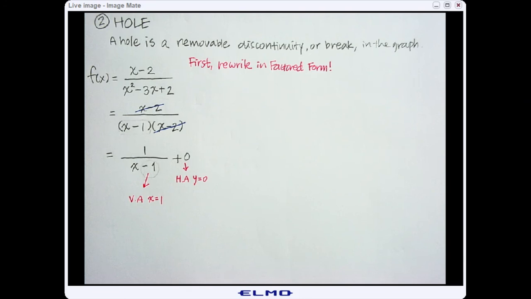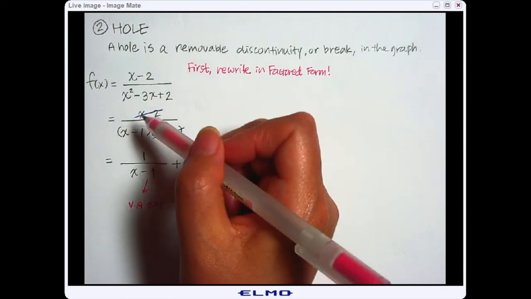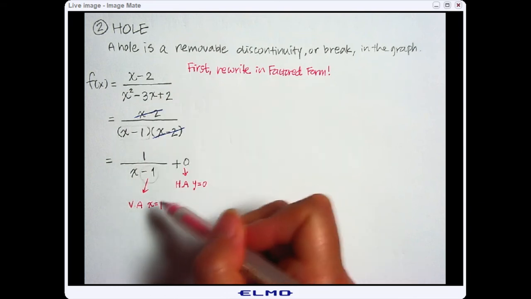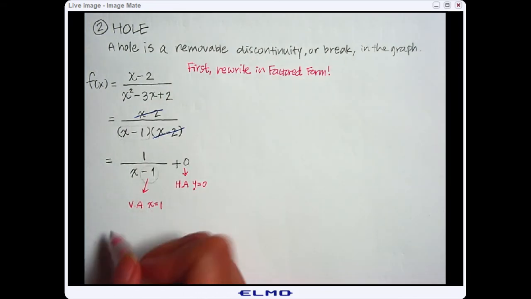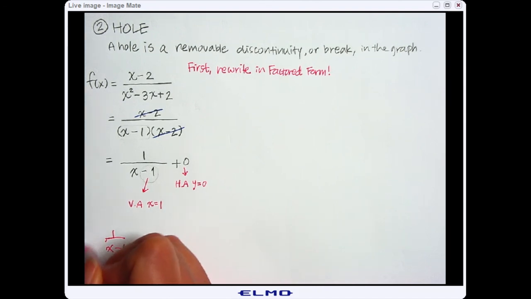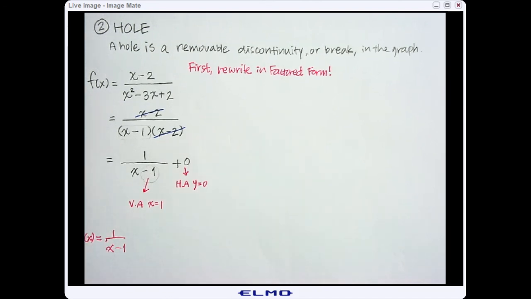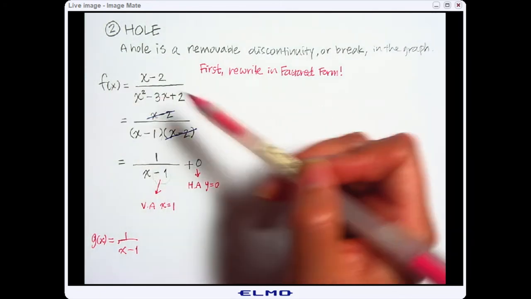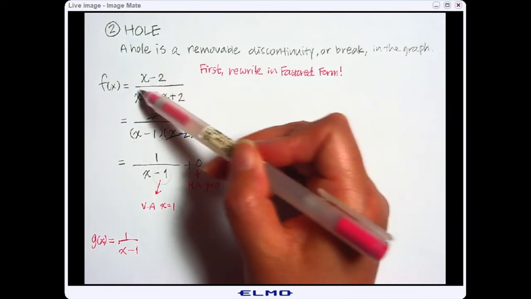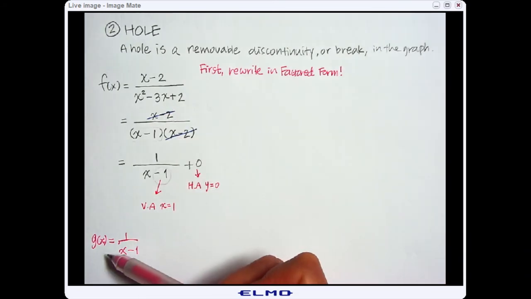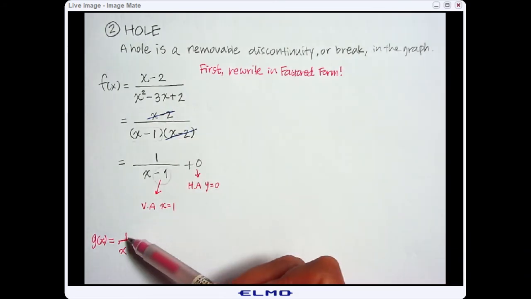Then now we have to focus on the procedure that we know here. Since this one was not originally given as 1 over x minus 1, this is a totally different function. We cannot consider this f of x, originally given to us as x minus 2 over x squared minus 3x plus 2, compared to a totally different function g of x, originally given to be 1 over x minus 1.